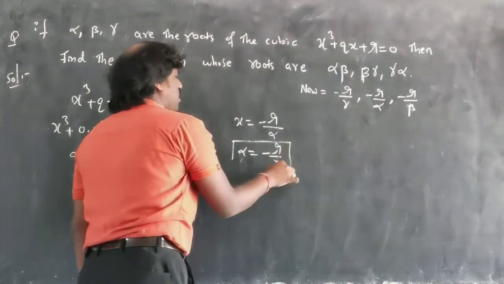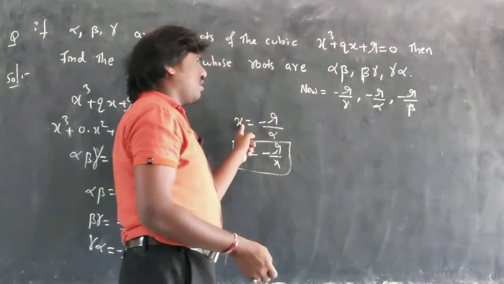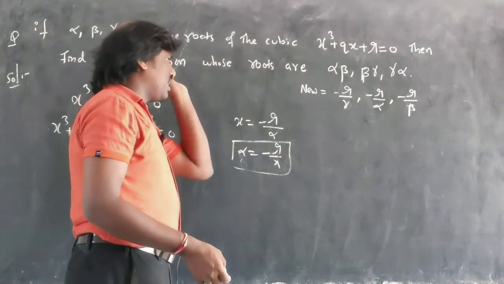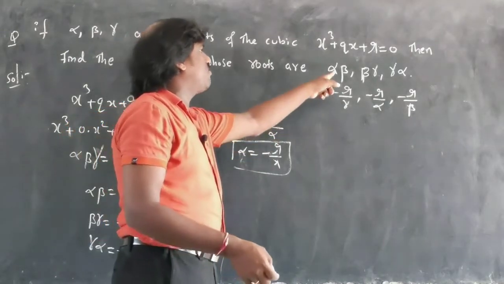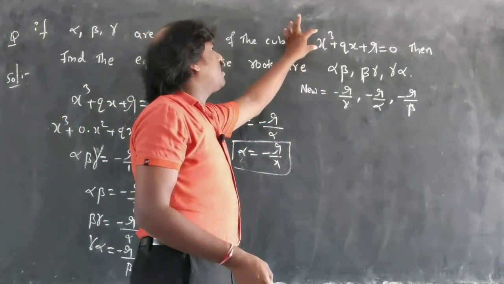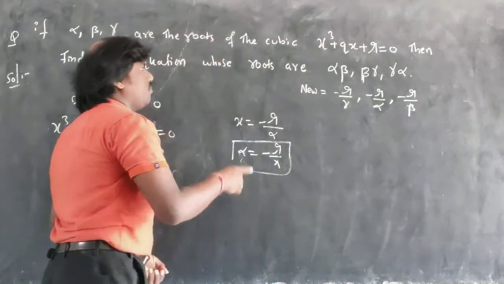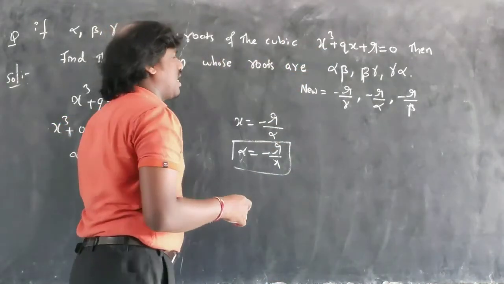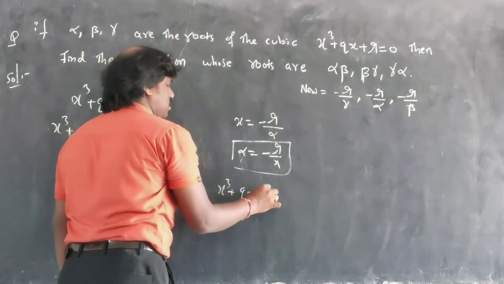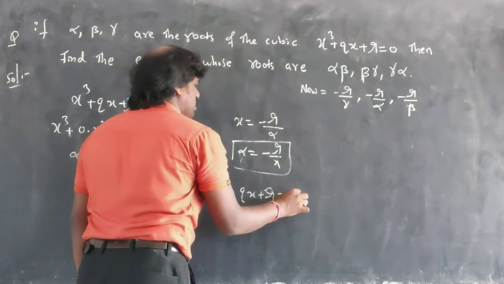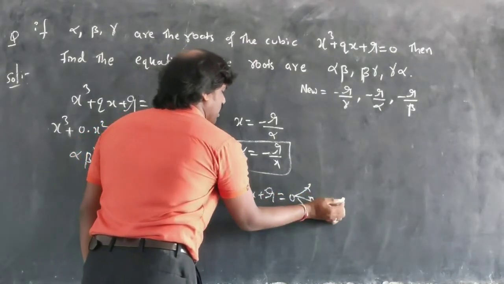So you just take one of them and equate it: x is minus r by alpha, and x can be replaced with alpha. Alpha is a root of the cubic, so alpha, beta, gamma are the roots of this. So alpha satisfies the equation x cube plus qx plus r is equal to 0. It will be satisfied by alpha, beta and gamma, so you can take any one.